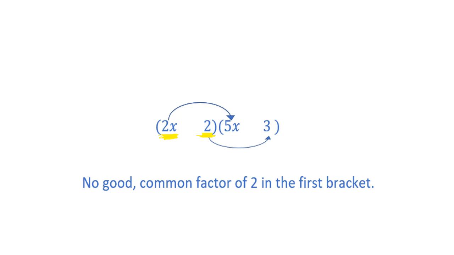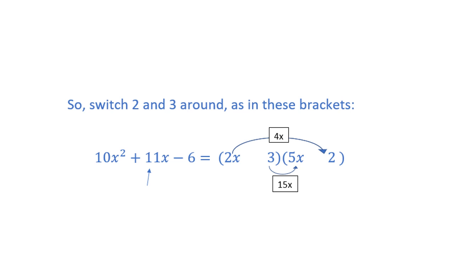Maybe we should swap that 2 and the 5 around. Well, what I've done is swap the 3 and the 2 around, which is the same as swapping the 5 and the 2 around, I suppose. So I've swapped the 2 and the 3 around. All right, let's see what happens now. The outers give you 4x.